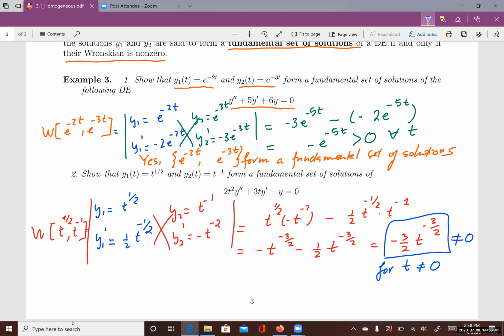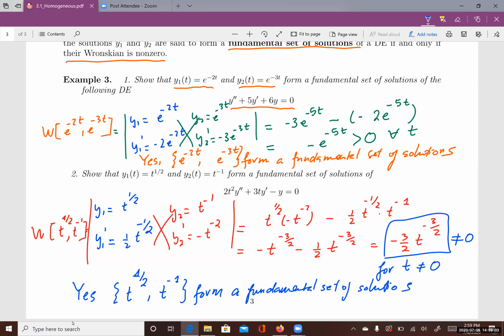That means yes, the set of the two functions t to the 1/2 and t to the negative 1 forms a fundamental set of solutions to this differential equation. And again, in order to determine the particular solutions, you need to use the initial value when t is not 0.